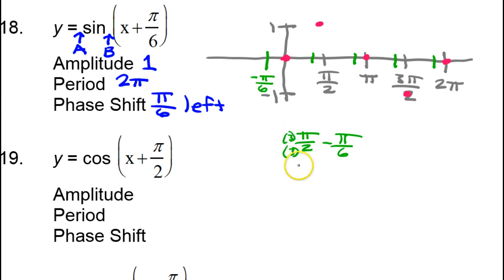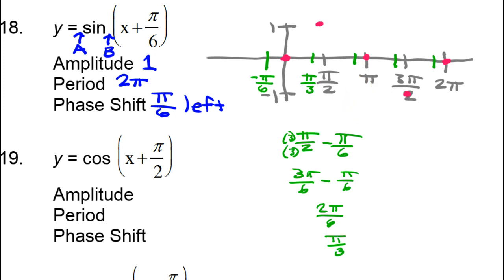So this is really 3 pi over 6 minus 1 pi over 6, which is 2 pi over 6, which reduces down to pi over 3, all right, because 2 goes into 6 3 times. So this little mark right here is pi over 3.